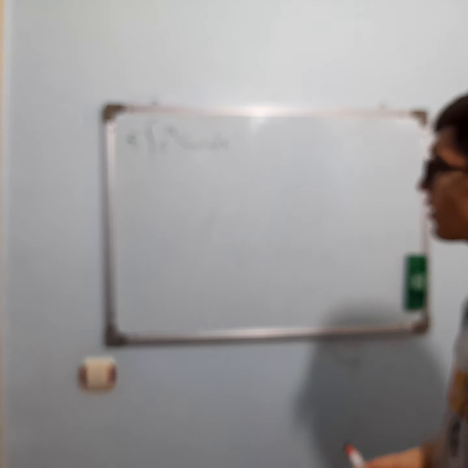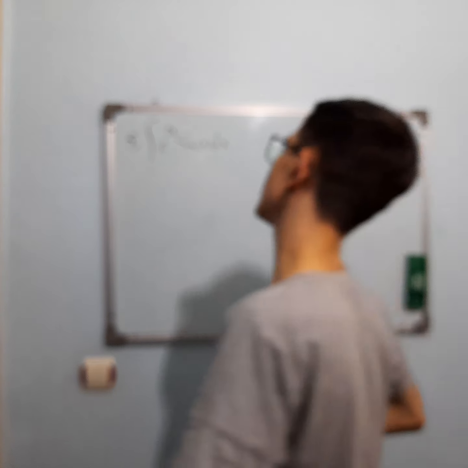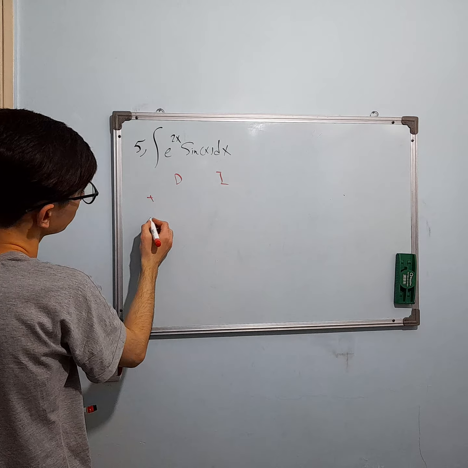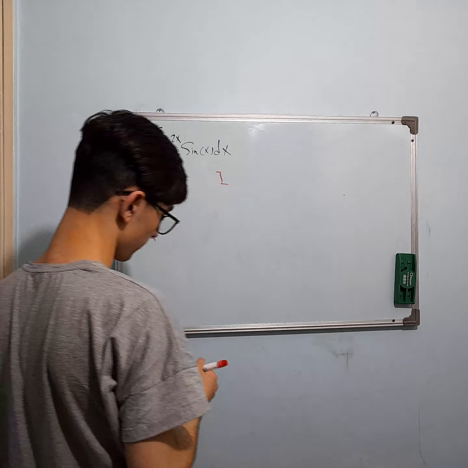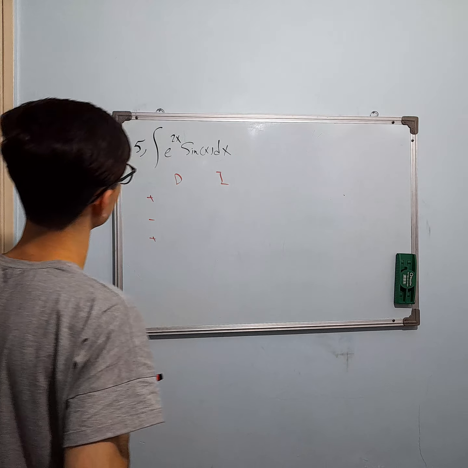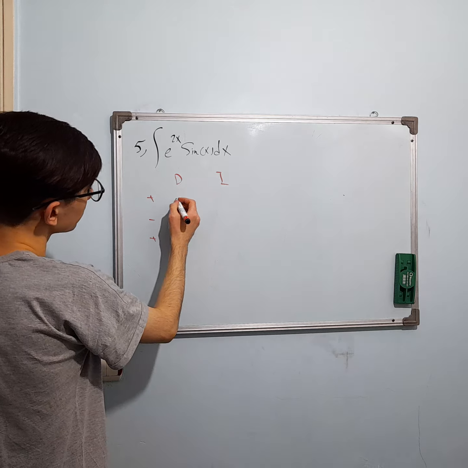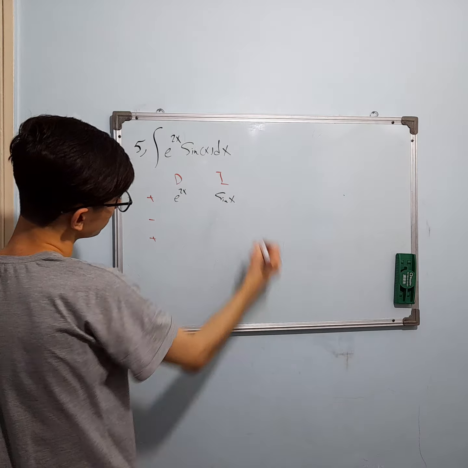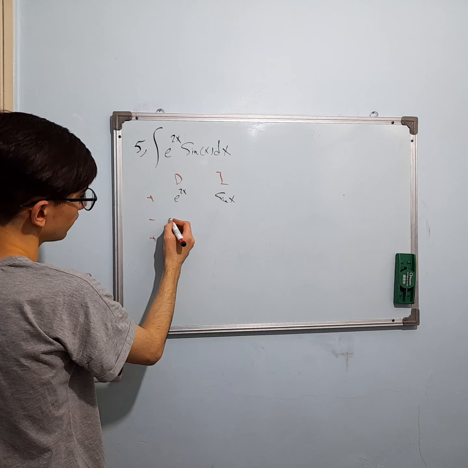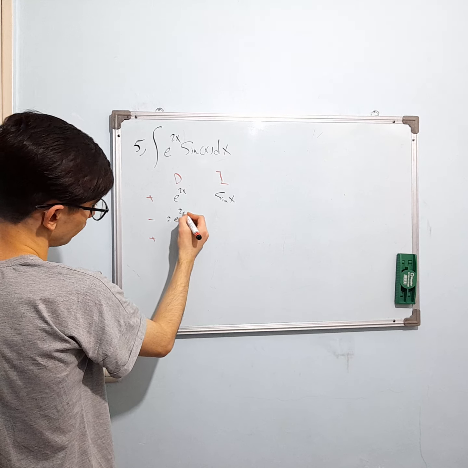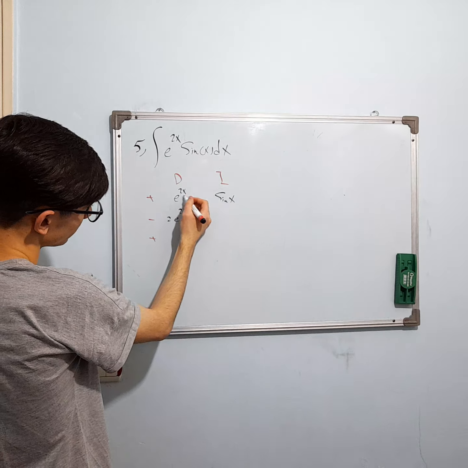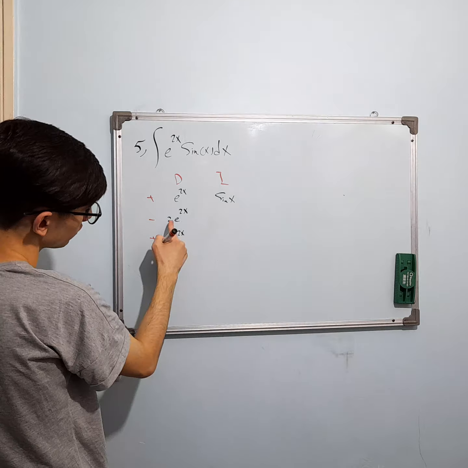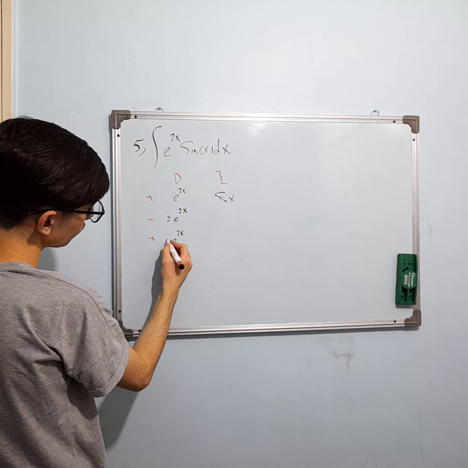Okay, now we should go for the DI method: plus, minus, plus. If I differentiate e to the 2x and integrate sine x, we get 2e to the 2x, then again e to the 2x with the chain rule 2, so 2 multiplied by 2, 4.